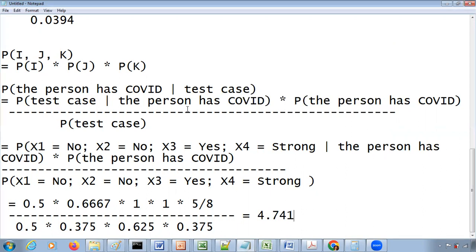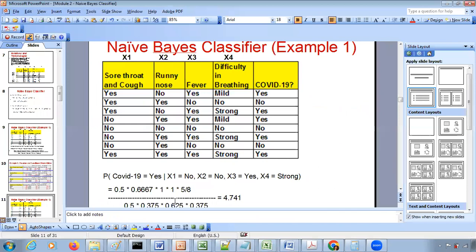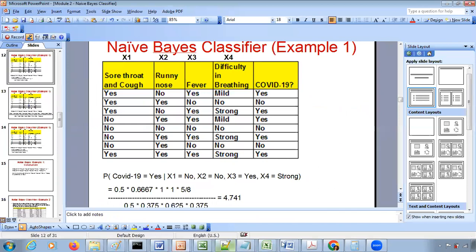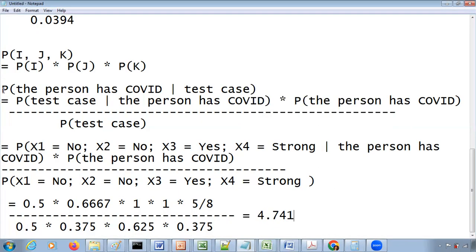So what we found here is, given a test case, what's the probability the person has COVID? Now, we don't know, given that particular test case, what's the probability the person does not have COVID. You have to find it out and compare the two numbers, and whichever is stronger, we'll go with that.